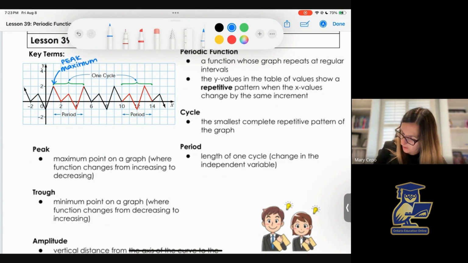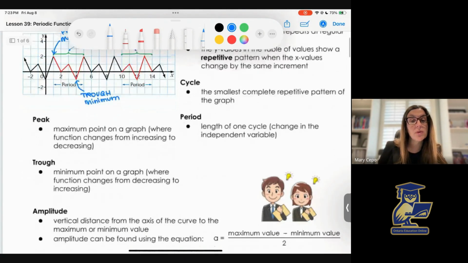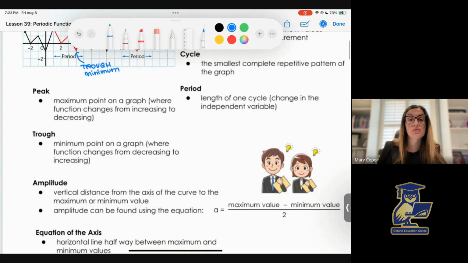The trough would be your minimum, which happens to be -1. So that would be your trough, and that's your minimum. Again, the peak is the maximum point on the graph where the function changes from increasing to decreasing. The trough is the minimum point on a graph where the function changes from decreasing to increasing.